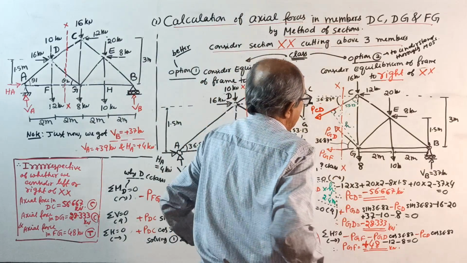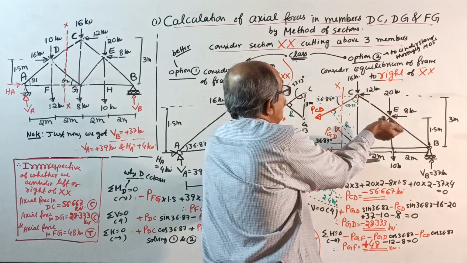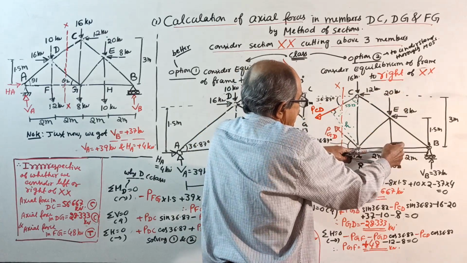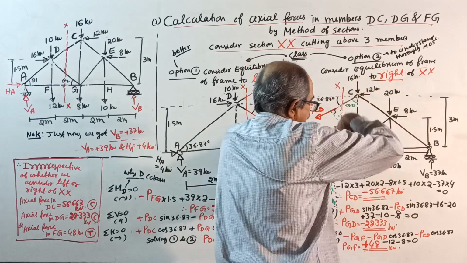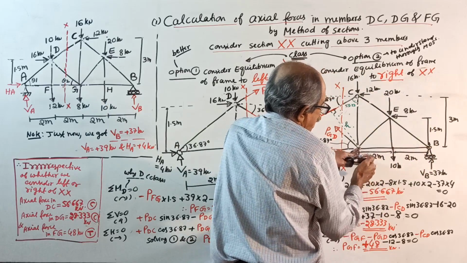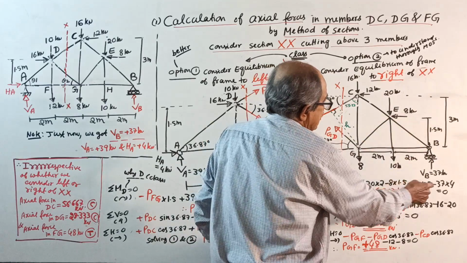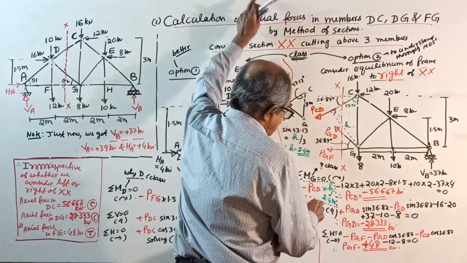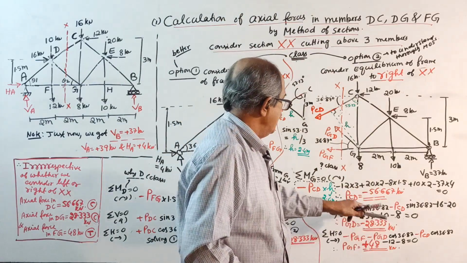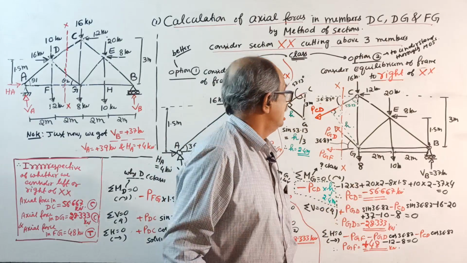Then 16 into 0, minus 12 into 3, plus 20 into 2, minus 8 into 1.5, minus 37 into 4, plus 10 into 2, I wrote that one first, then lastly this one, equal to 0. Substituting for H, I calculated minus 56.667.